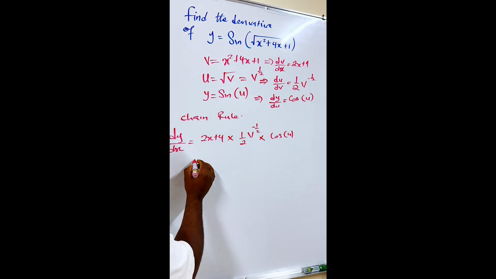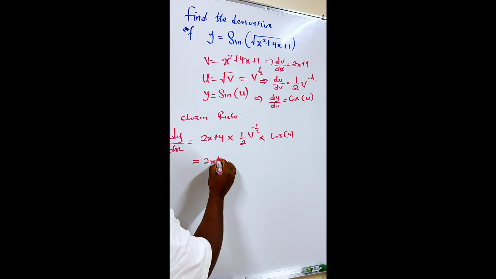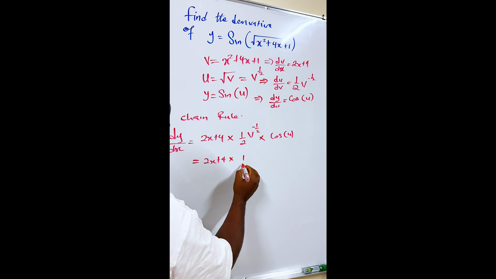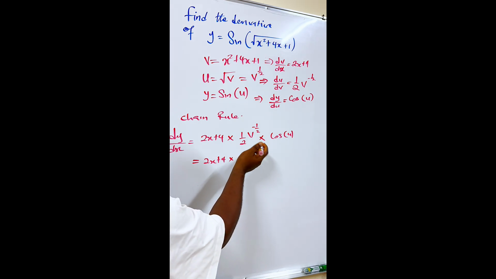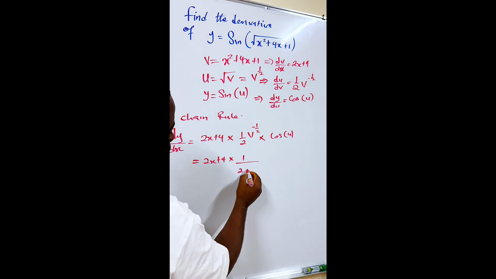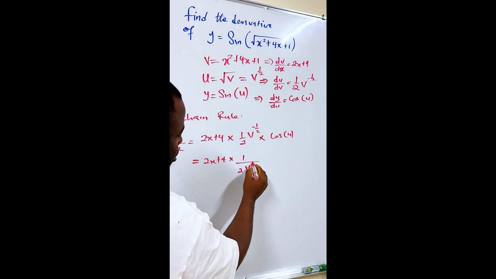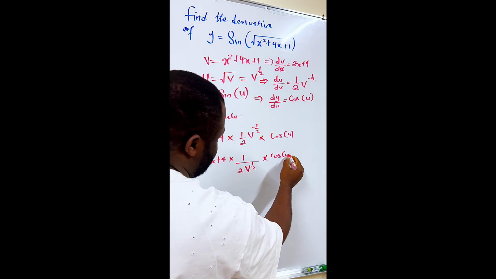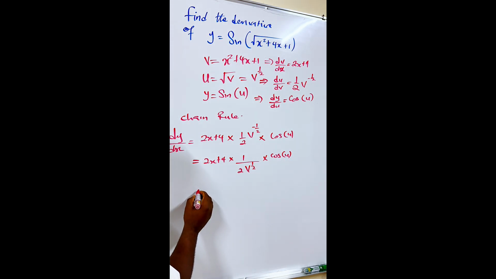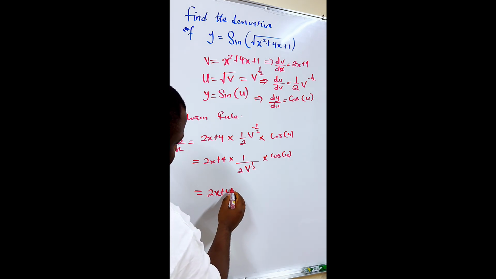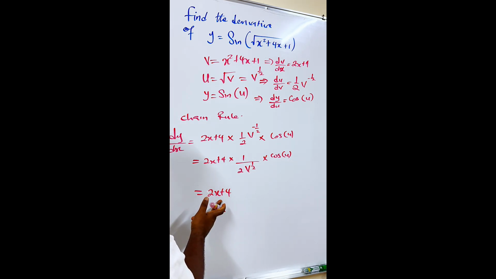So let's simplify this. This will now be 2x plus 4, then multiply by 1 over 2, and we have v to the power of negative 1 over 2. So that will now be v or 1 over 2, then multiply by cos u. And definitely this is going to give us 2x plus 4 multiplied by 1 is still the same thing.